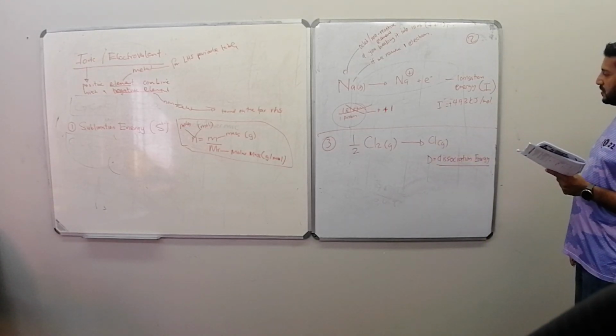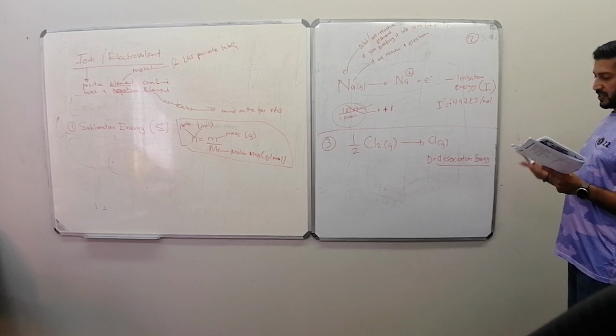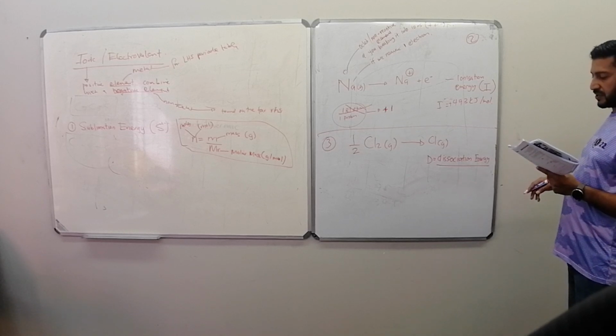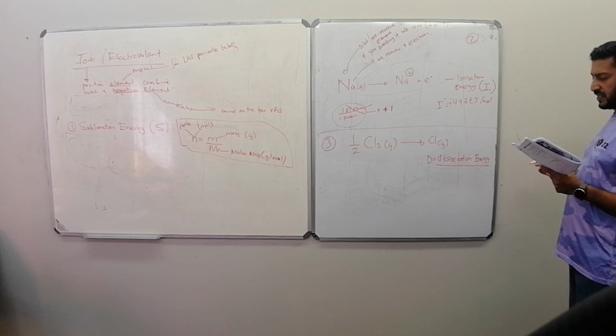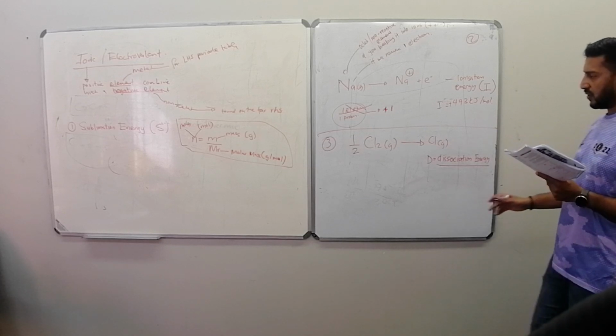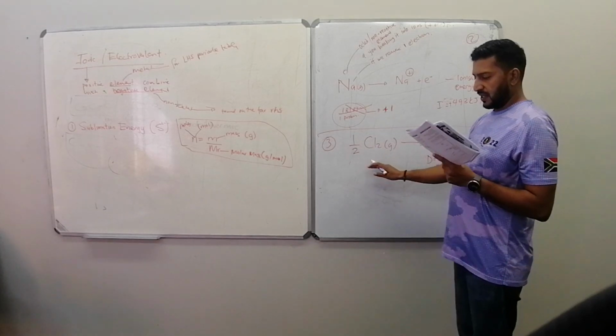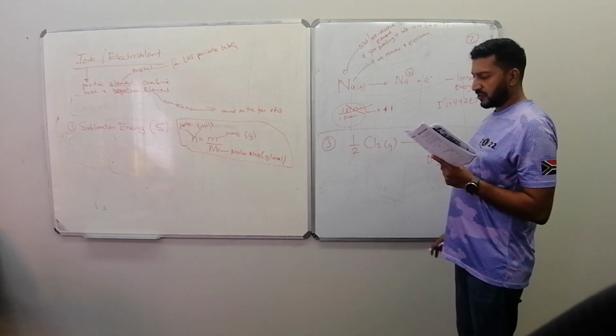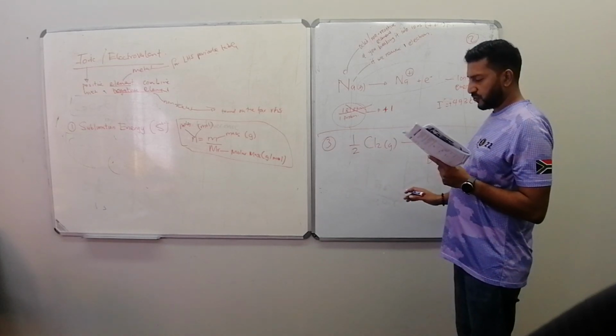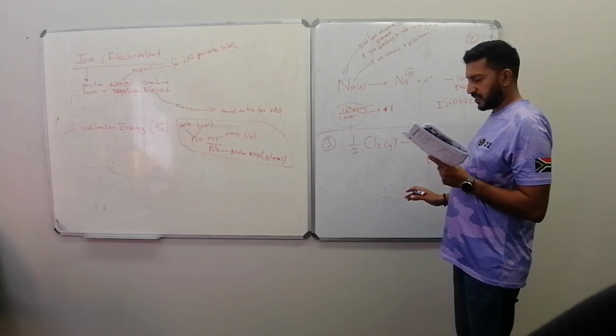This is the dissociation energy. Now there's something important that we need to note here. They say D is the energy needed to convert 1 mole of chlorine molecules into 2 moles of chlorine atoms in their state of lowest energy.